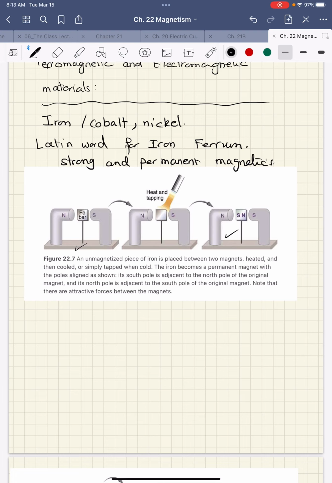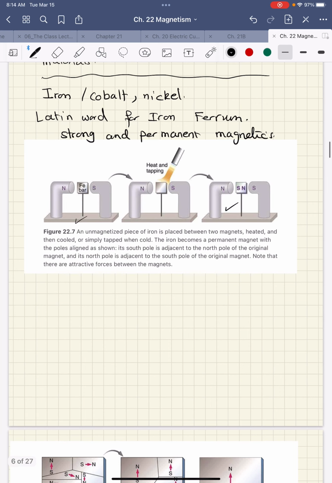Now, we need to know the reason these materials can be magnetized or easily made into magnets. We have regions within the material that we call domains.